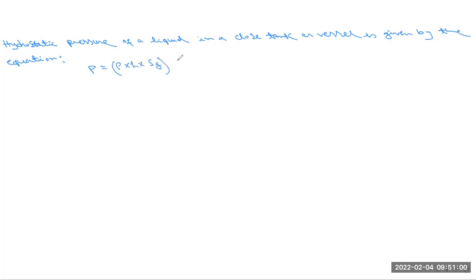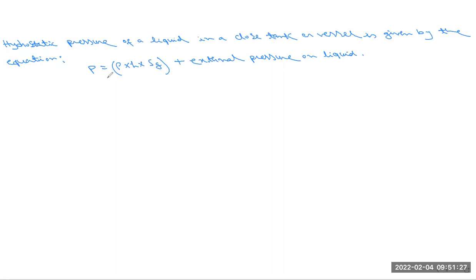This is the same, plus the external pressure on the liquid. Okay, so this is basically when you have to measure a closed tank or vessel for level measurement using the hydrostatic pressure method.